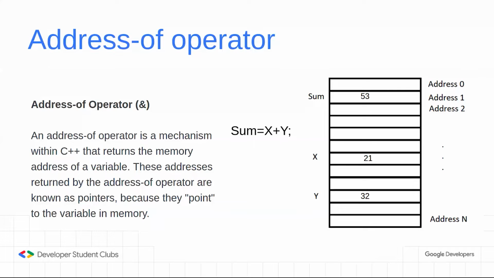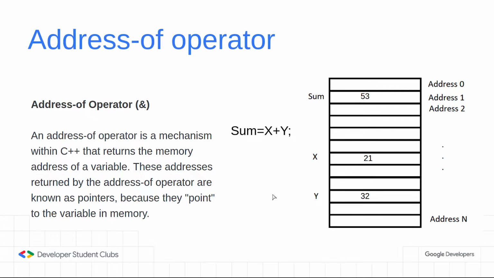If you remember, in the last class, I showed you a memory map, where I explained how memory is allocated in C++ programs. When we declare a variable x and a variable y, the compiler assigns some memory location to the variables, and we can store values in those variables.